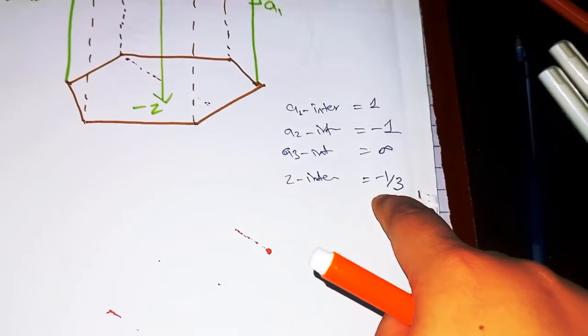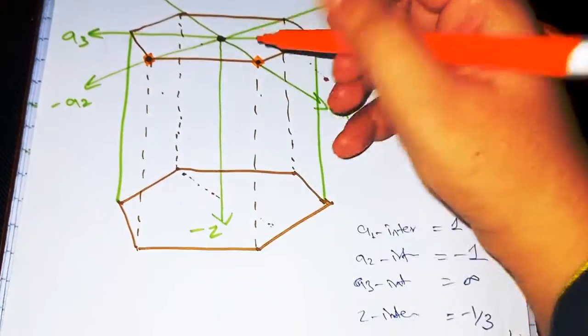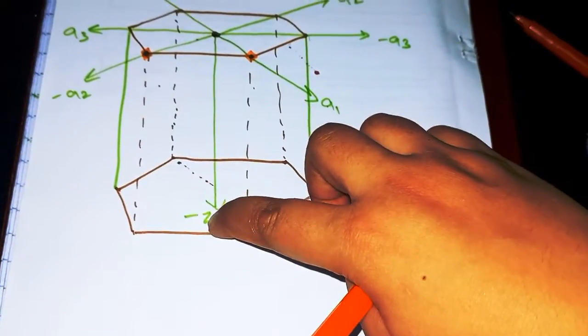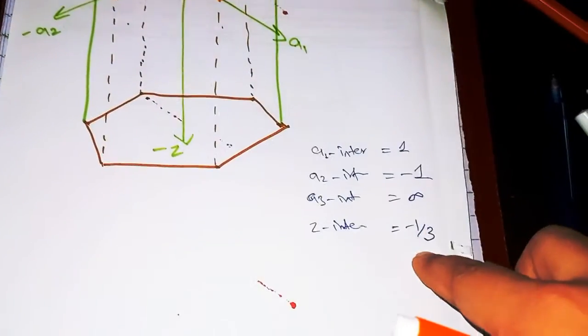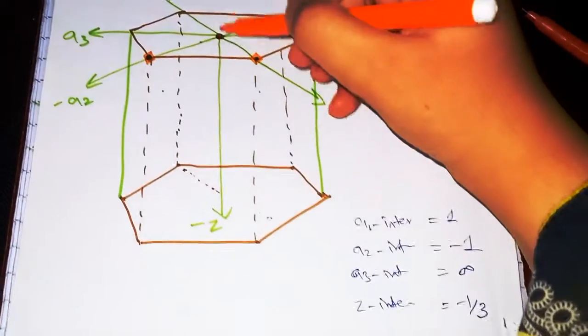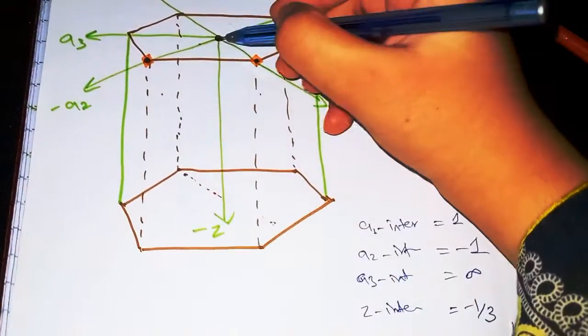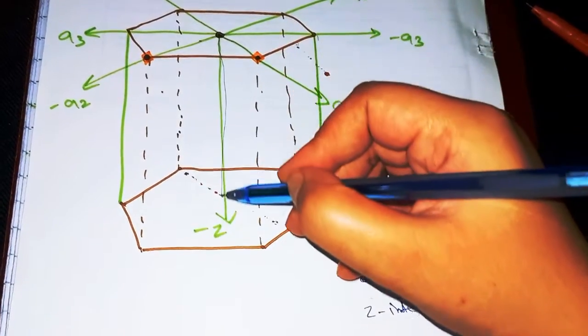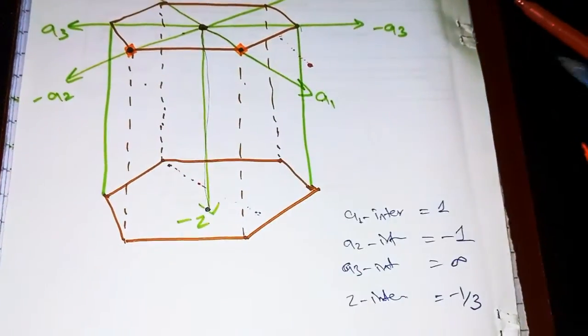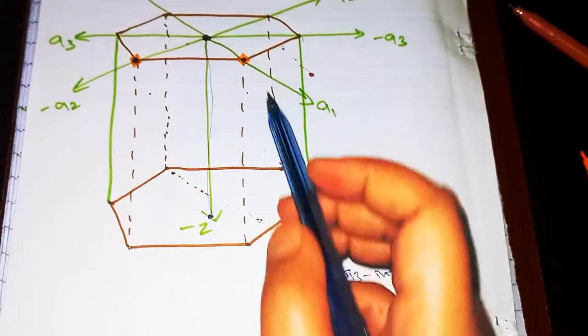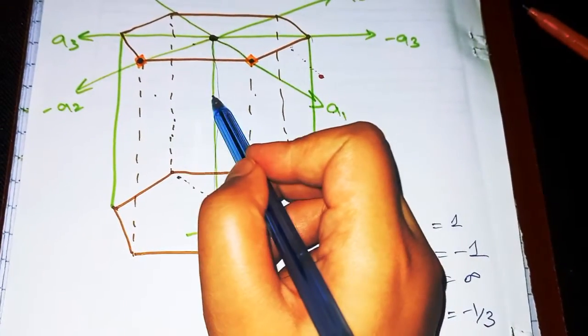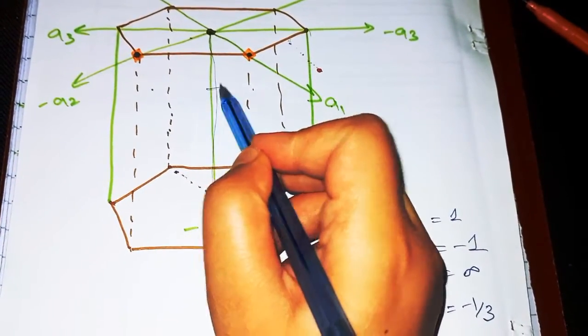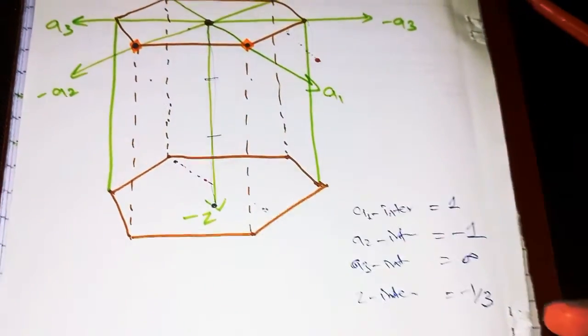Z intercept is -1/3. Starting from origin, first of all, we'll draw the one length, then we can divide it into 3 equal parts to get -1/3. From origin to the other corner of the unit cell, this length is equal to 1. Divide it into 3 equal parts. You can use a ruler to do that.